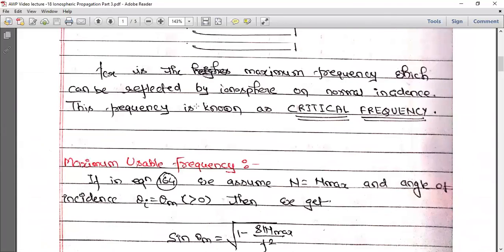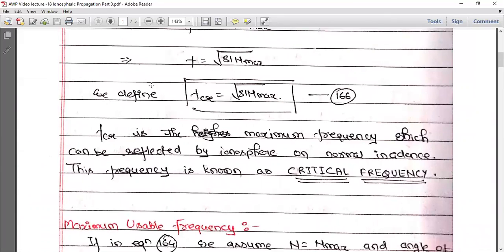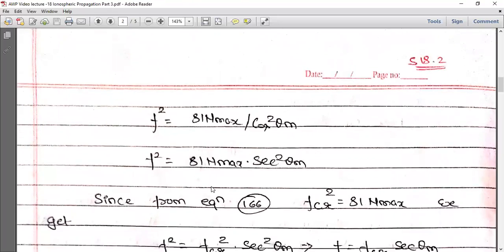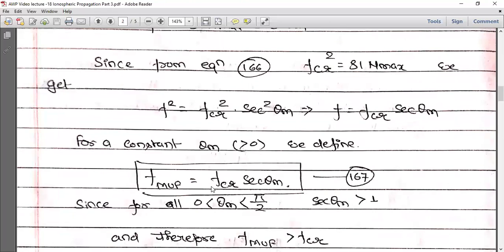In equation 166 we have defined the critical frequency. So the square root of 81 N max is f_cr, or 81 N max is given by f_cr squared. Using 166, this 81 N max can be replaced by f_cr squared. So f squared equals f_cr squared into sec squared θ.